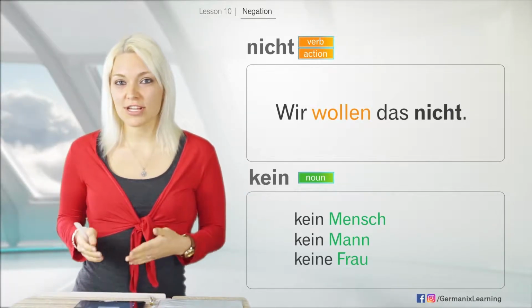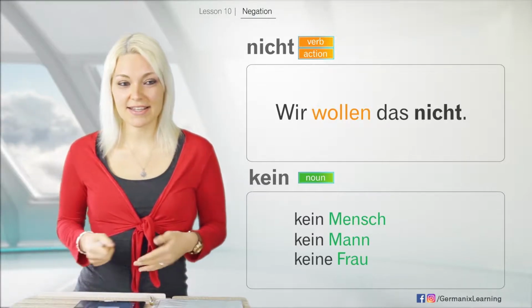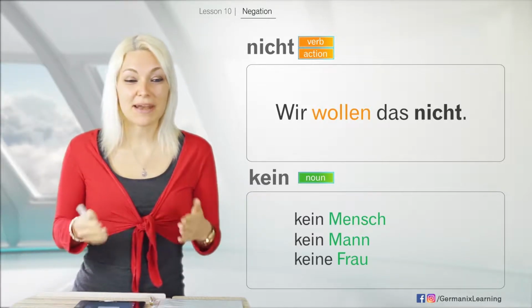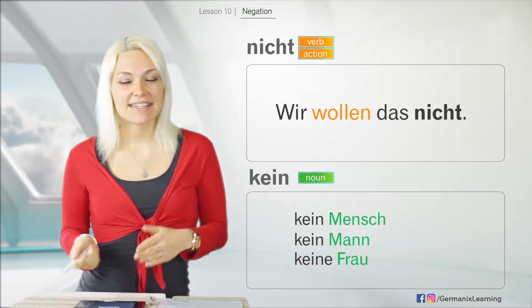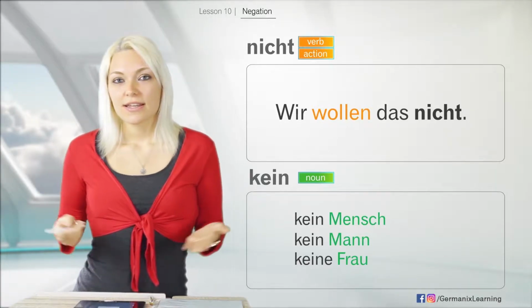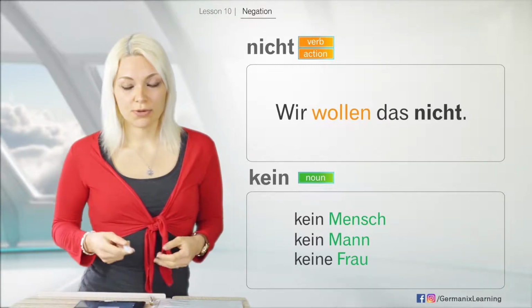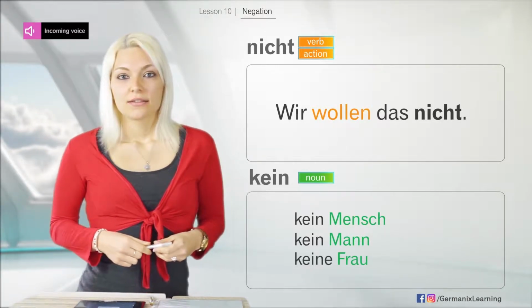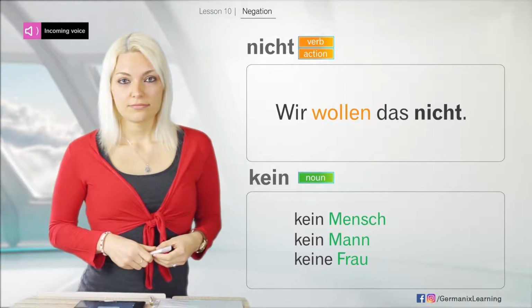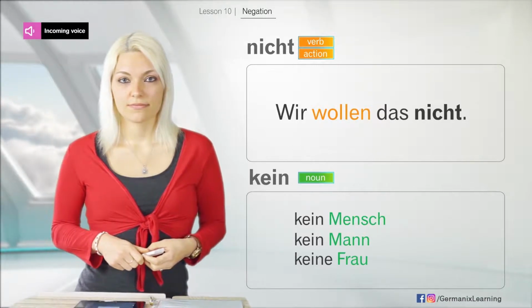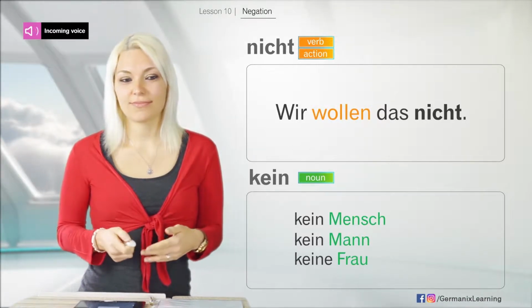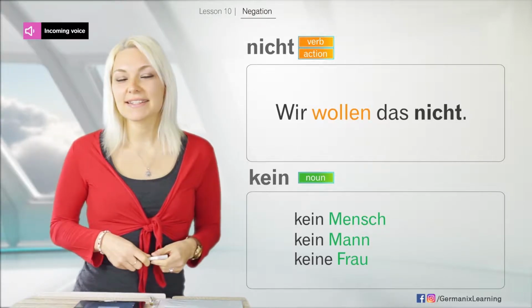Verbs have their place. Objects have their place. Adverbs have their place. Time has its place. A place has its place. But nicht doesn't really have a place. So in the end, it's pretty much random. So I can't really give you a rule where to put it. In English, it's a lot easier if you want to say it like that.